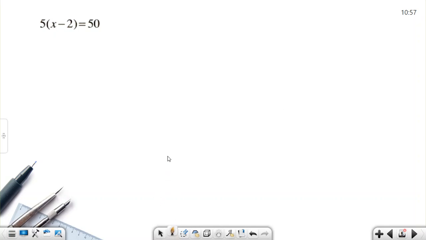Okay, there is another equation, but in that equation, there are two solutions because we have a parenthesis here and we don't have a variable on both sides. Only the left hand side has a variable inside the parenthesis. So first way, we can use the distributive property.